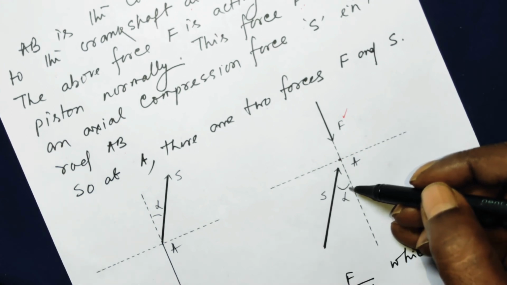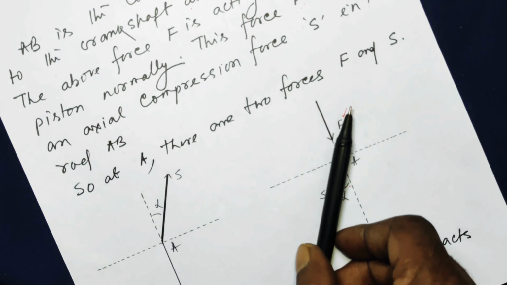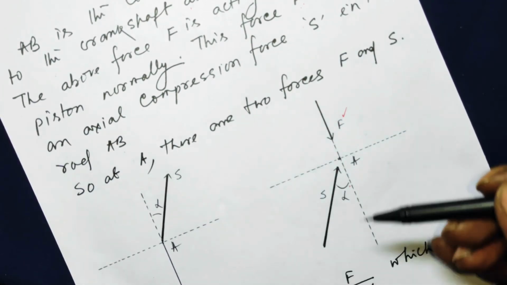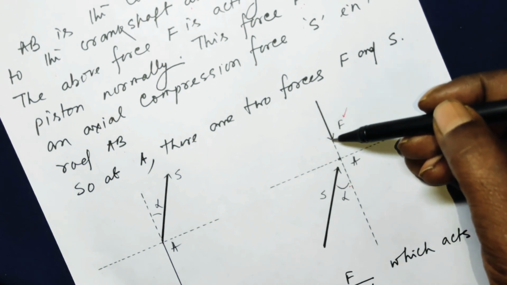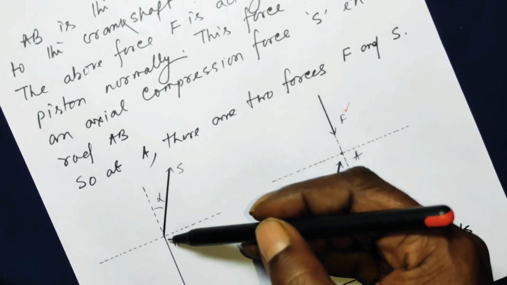This angle is alpha I have taken, so I can shift this S parallel to itself and show it here, and I can transmit the line of action of this force F a little downward and show it here.